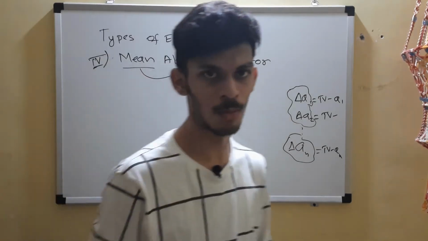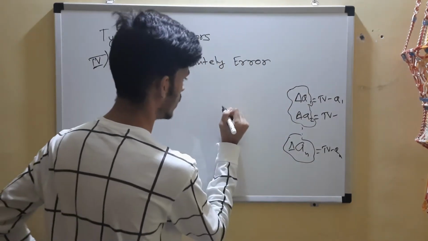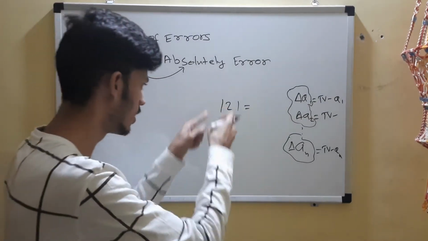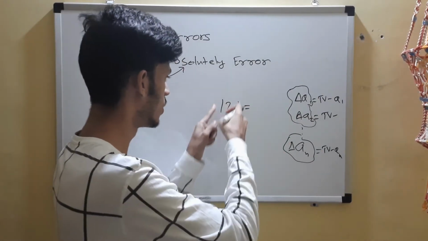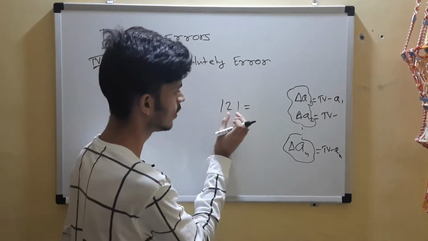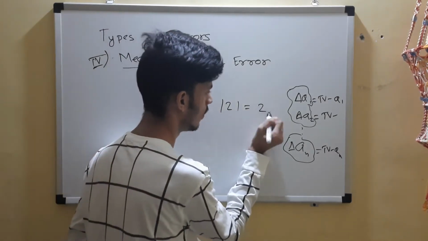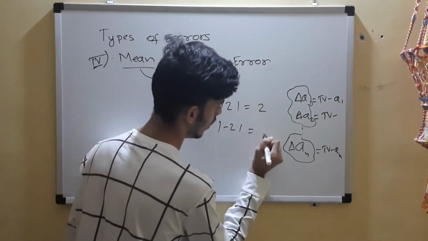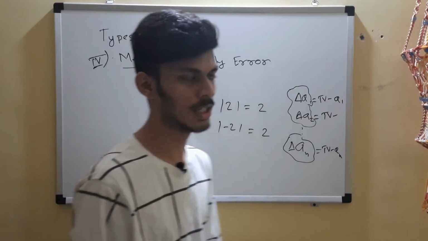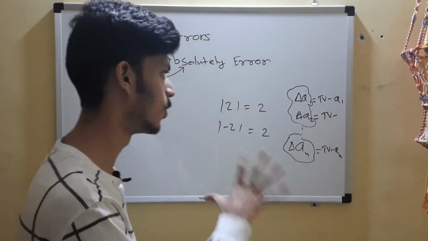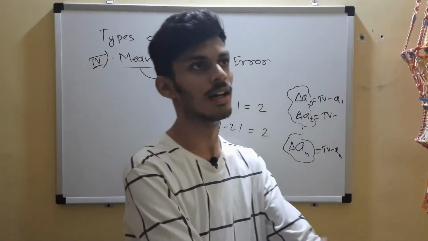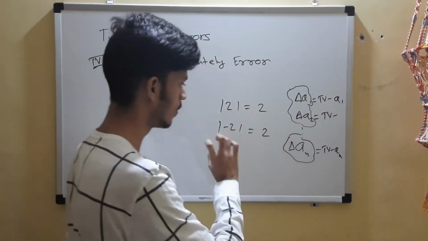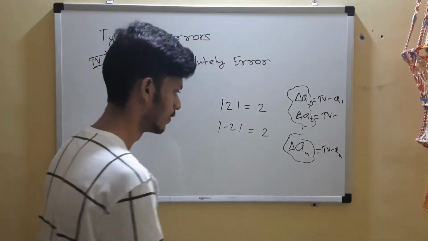I hope you know what modulus is. Basically, if you take a positive number inside the modulus sign, it gives the same answer, but if you take a negative number like -2, it will give you 2. So the basic function of the mod function is to convert negative to positive. It won't affect positive, but it will turn negative to positive.